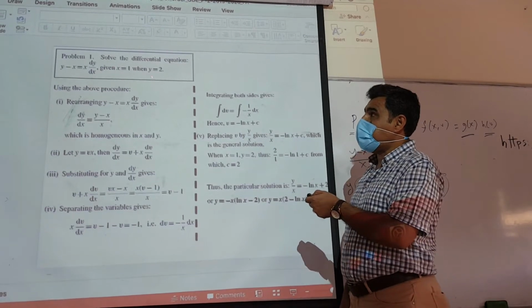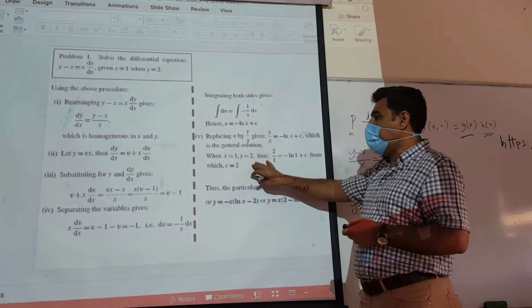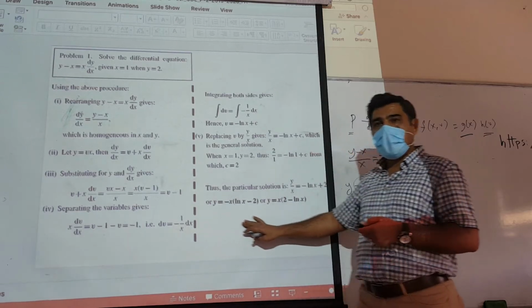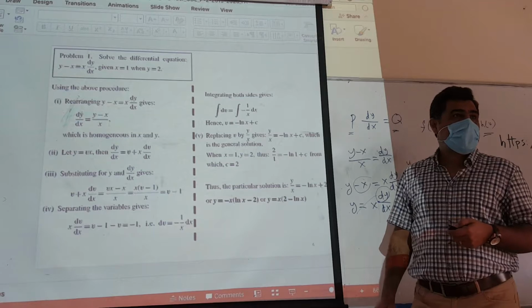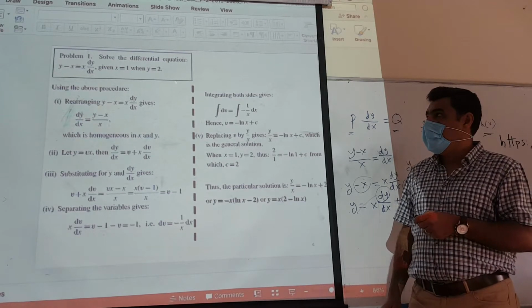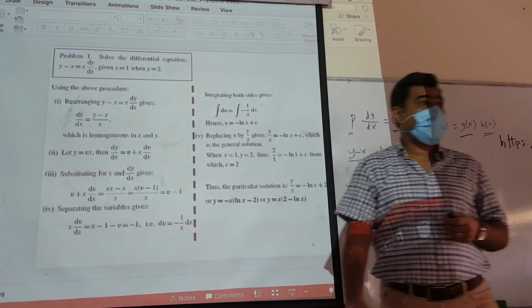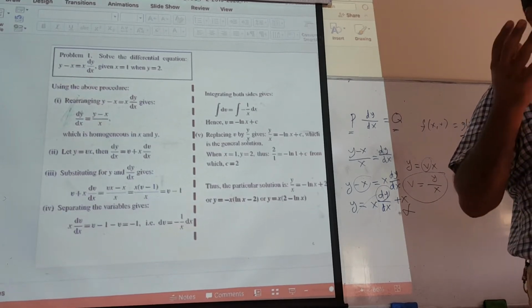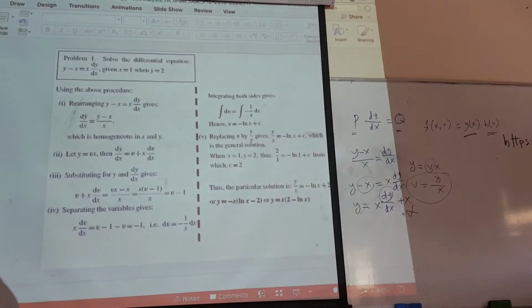We will substitute x and y in the main equation, then we will get the value of C. Accordingly, we can rewrite the equation based on the point given in the question, which is x equal to 1 whenever y is equal to 2. So this is the simple thing. There will be some examples, of course, more complicated, but the method is the same.